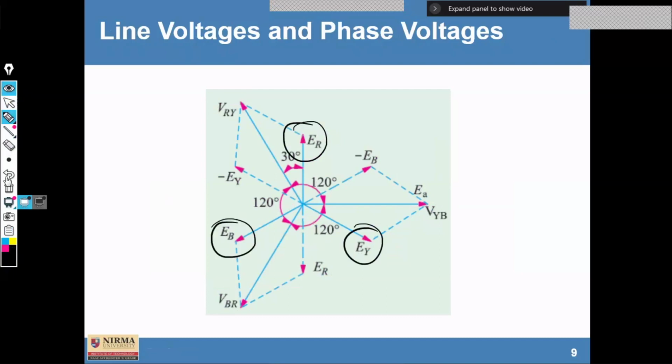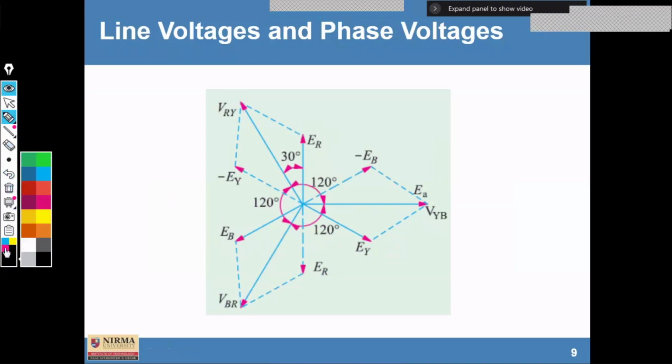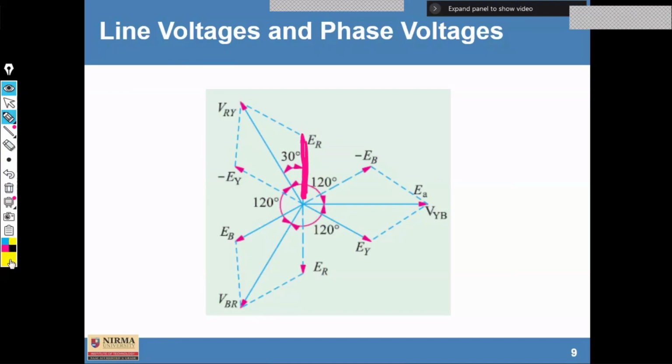So here I may represent this as the R phase, then the Y phase, and this is your B phase.